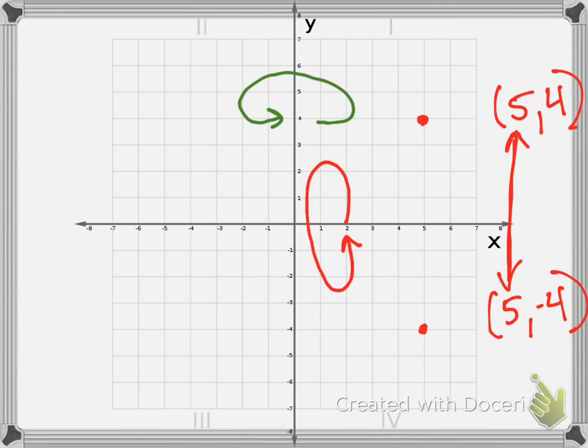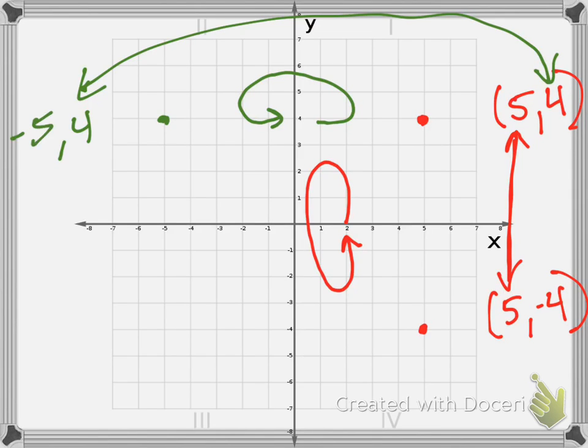The 5, and what does it become? Negative 5, so we end up right here. Exactly. When we flip about the y, our y stays the same. When we flip about the x, our x stays the same.